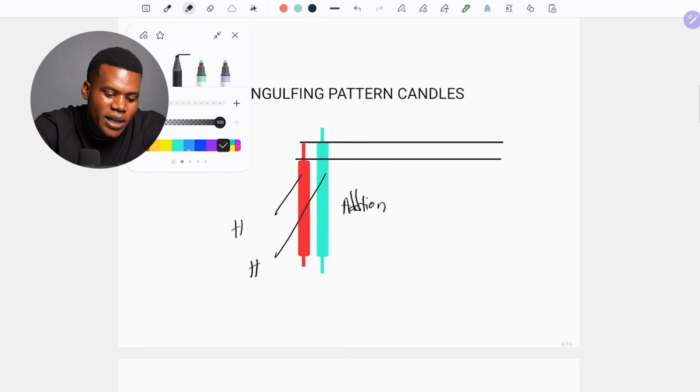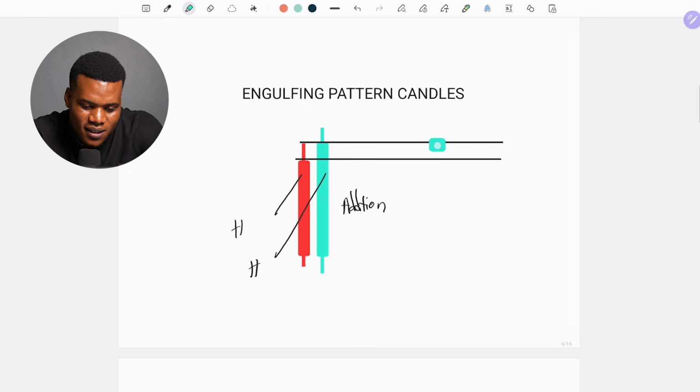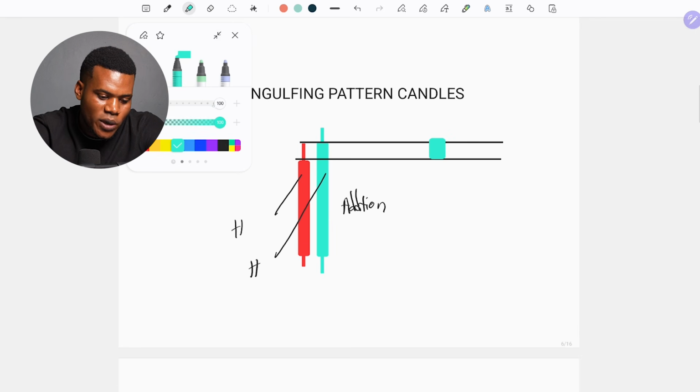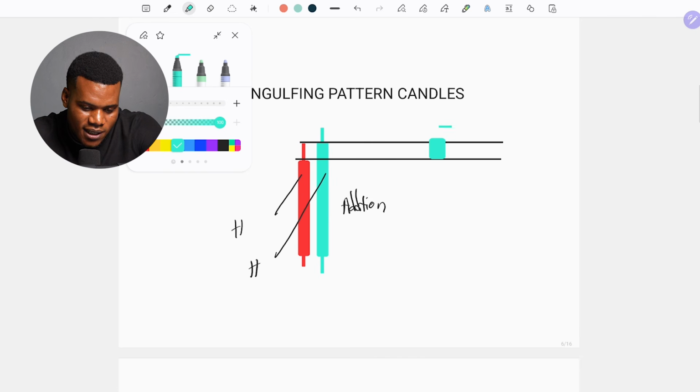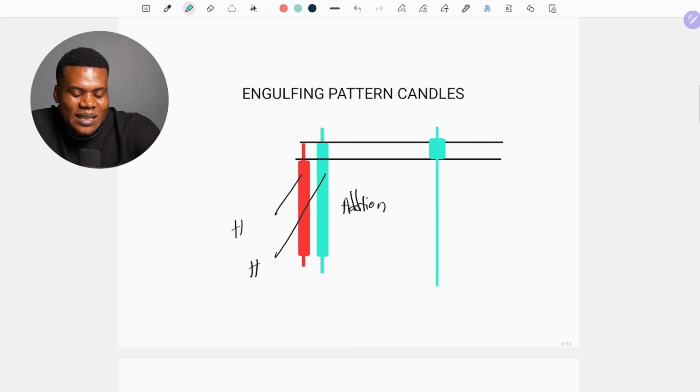That means we are going to get something which is like this. Are you seeing it, guys? When we add those two candles, we get something which is like this.